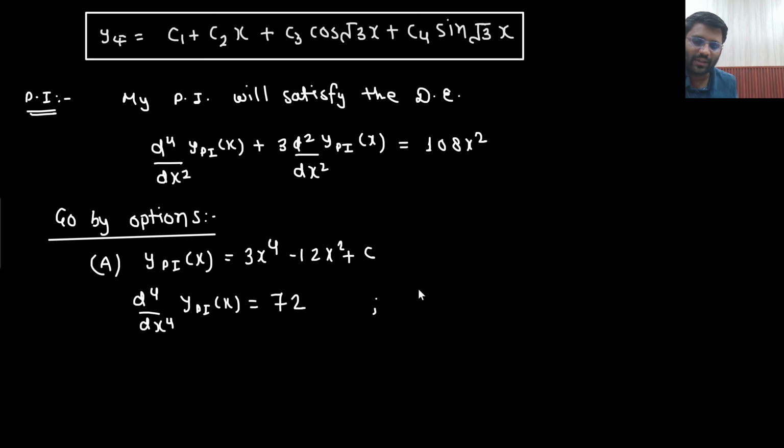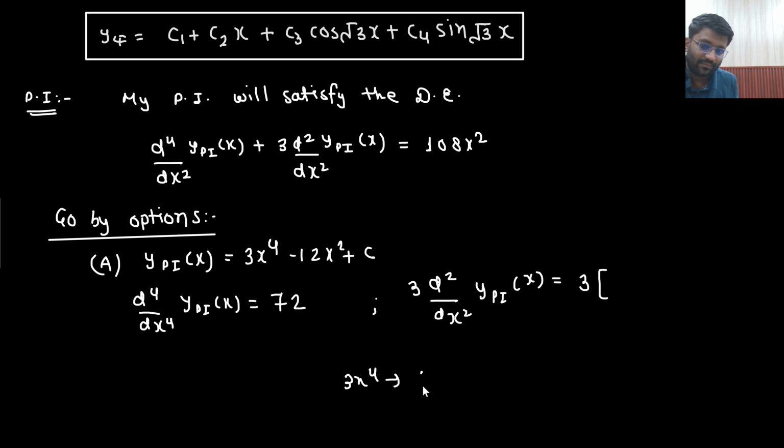And next I need to think about 3 d square y by dx square. So what will the answer be here? 3 into, you need to differentiate it 2 times. When you differentiate this 2 times, you will get 24. And when you differentiate this 2 times, what will you be getting? First time you differentiate, you will get 12x cube. Next time you differentiate, you will get 36x square.